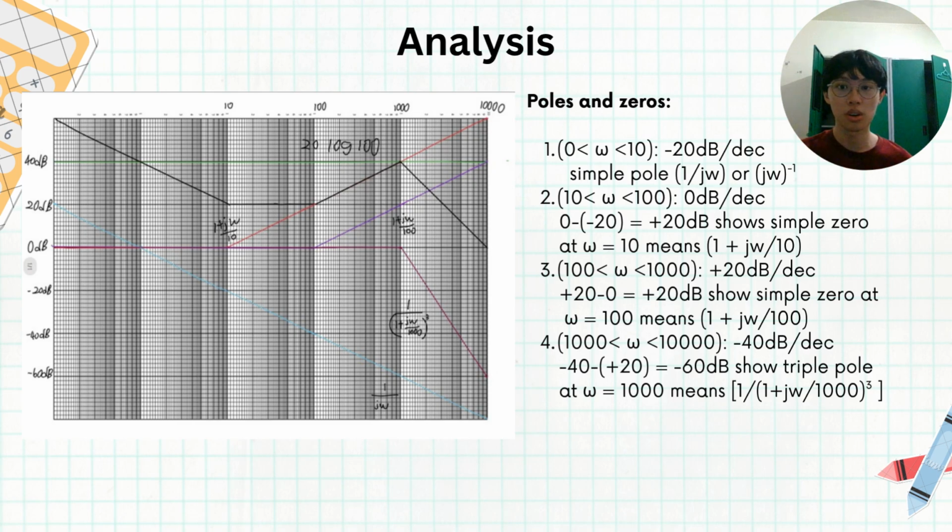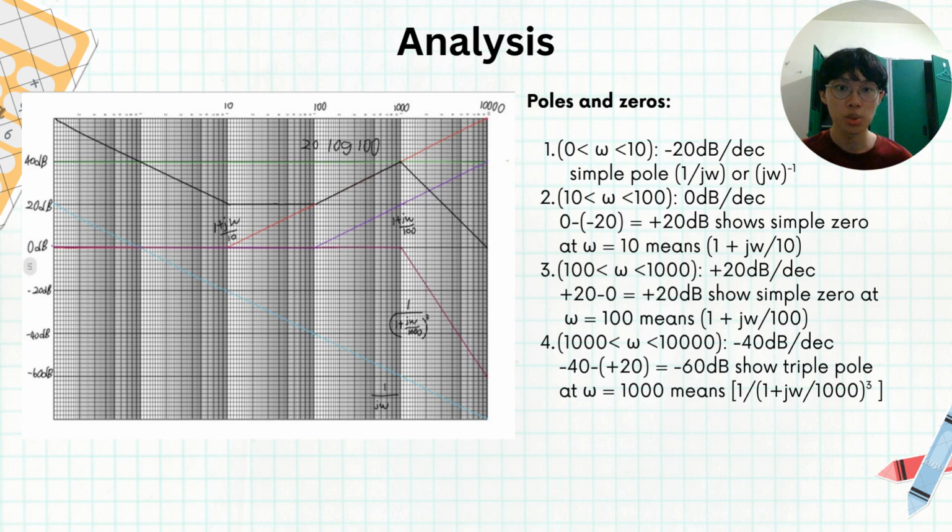Below a frequency of 10, our line falls at minus 20 decibels per decade, revealing a single pole at the origin. At a frequency of 10, the path shifts to a flat 0 decibels per decade, which is a net change of plus 20, indicating a simple zero.